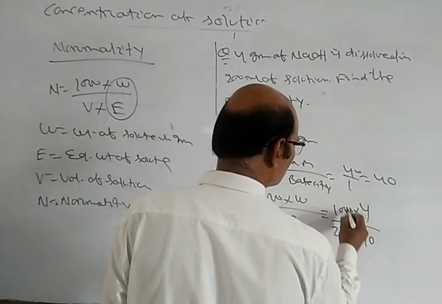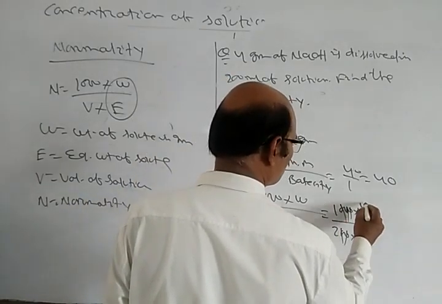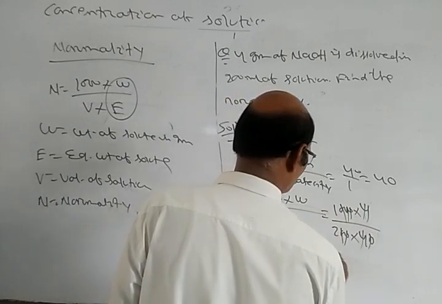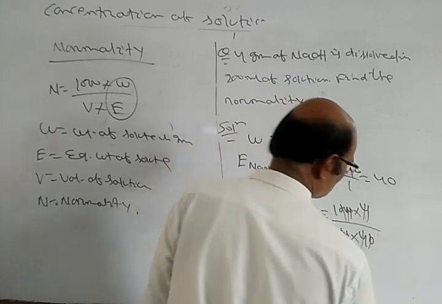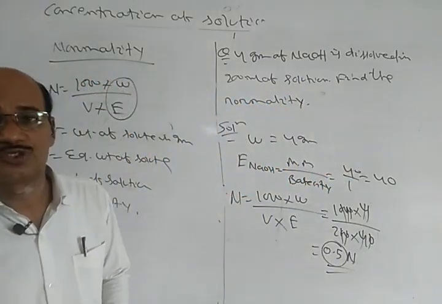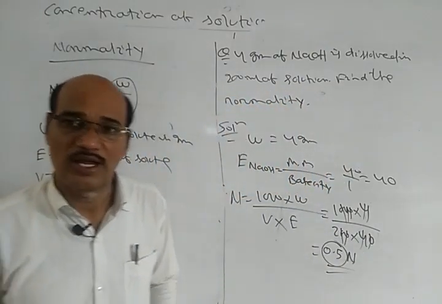Cancel out, it equals 0.5 normal. So the normality of this solution is 0.5.